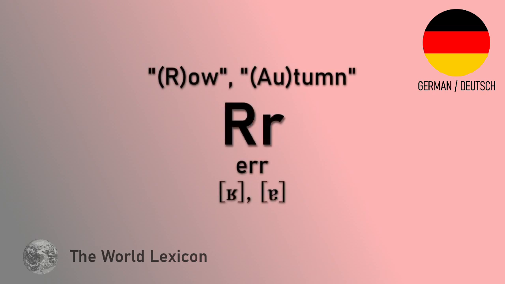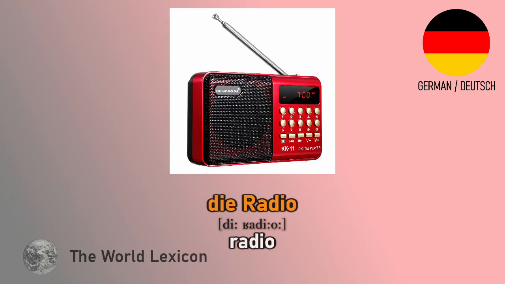This letter is R. It can either make an R-like sound in the velar region of the mouth, or the back of the mouth. Or, if it's after a vowel, sometimes it will make a vowel sound, like the A in autumn. Die Radio.